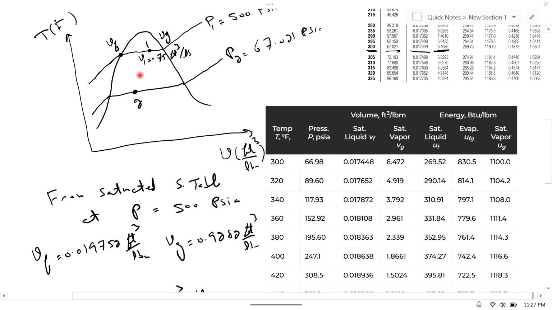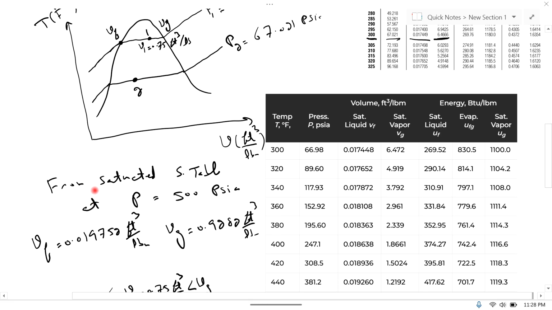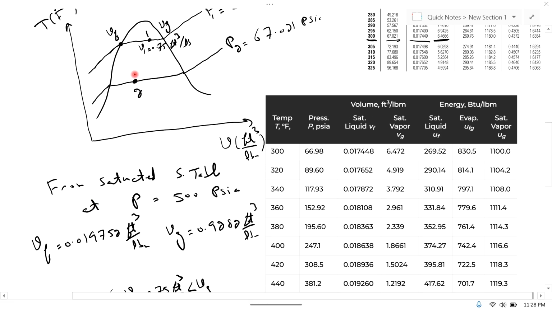We cannot draw the process because we don't know whether it is adiabatic, isentropic, isobaric, or isochoric. So the initial state and final state are these, in the mixed region, liquid plus vapor. Now we are finding U2 here. P2 is the saturation pressure in this region, and we can also find U2 here.